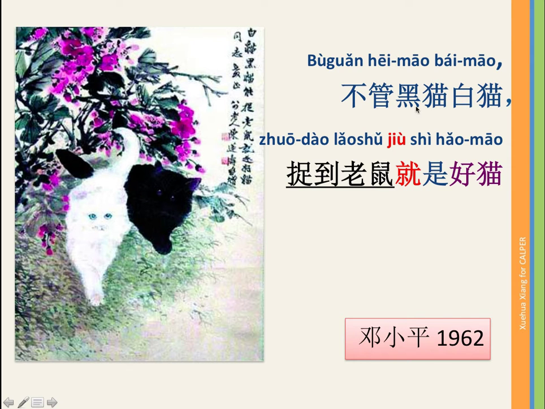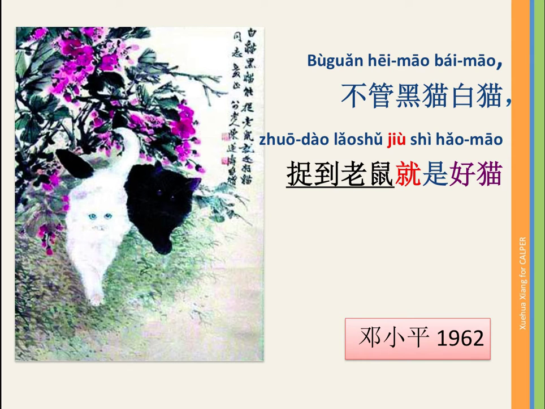So no matter it's black cat, 白猫 or white cat. 捉到老鼠，捉到捉 to catch 到 result 捉到老鼠 rats mice 就是好猫 it's gonna be good cat. So Deng Xiaoping has said this. Regardless it's black cat or white cat, if it catches mice, it's a good cat.